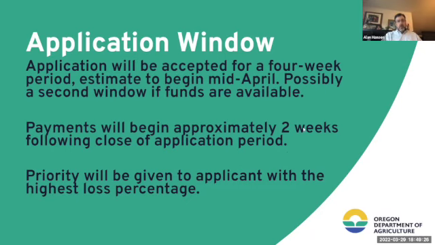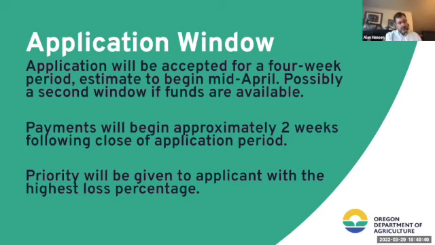So like I said, we're just starting to enter into agreements with financial institutions. And so we hope to have those contracts signed this week, and then we'll work with the financial institutions to get them up and running. And our goal is to begin the application period beginning the week of April 18th.